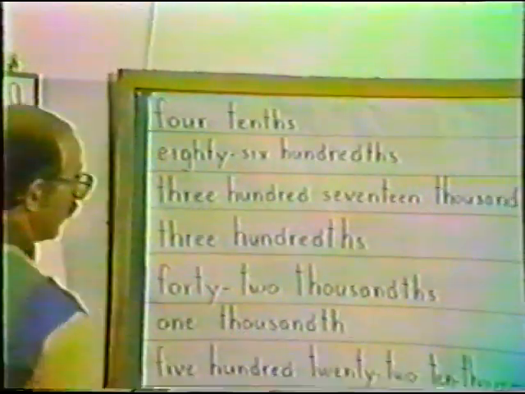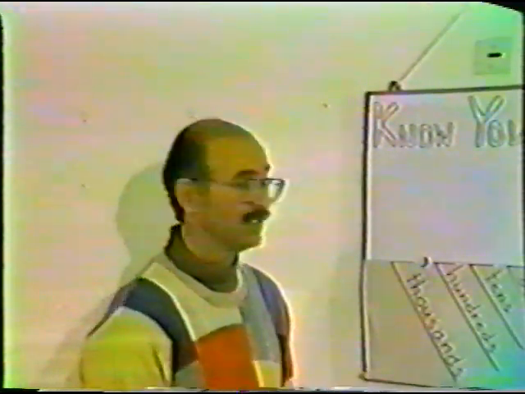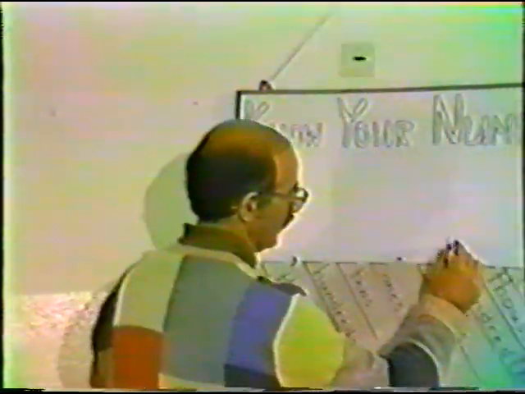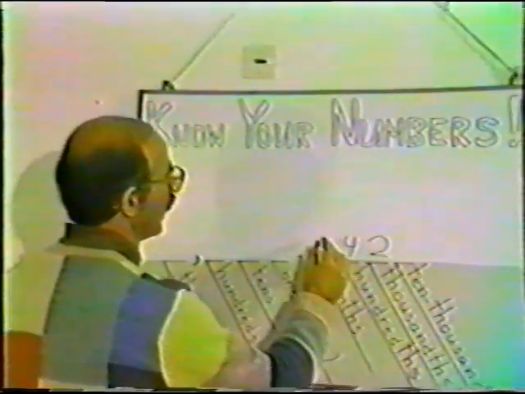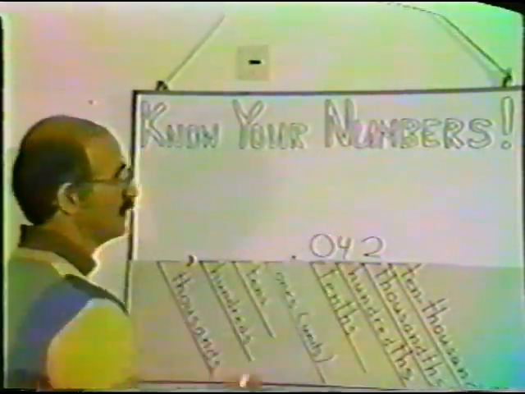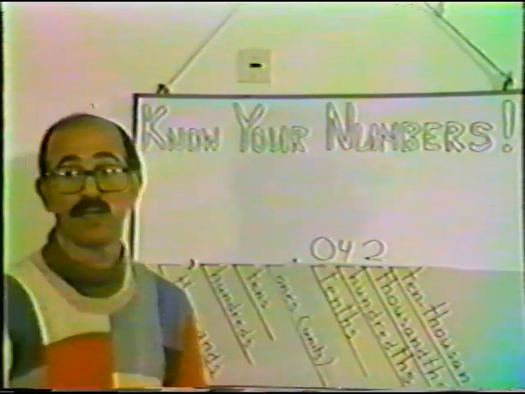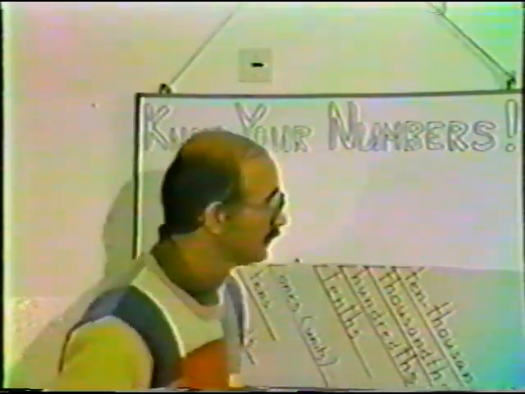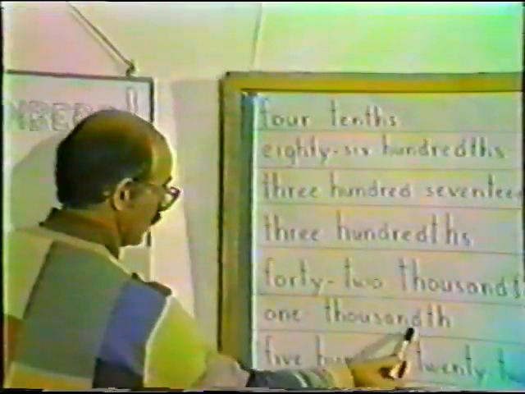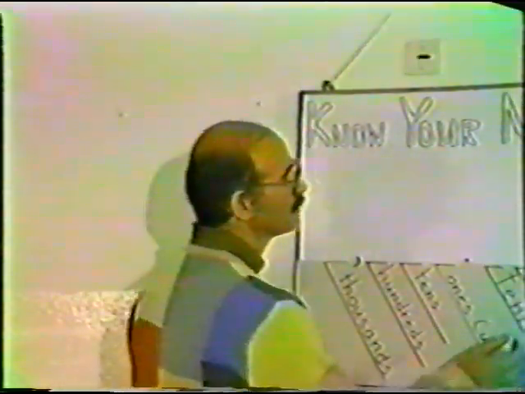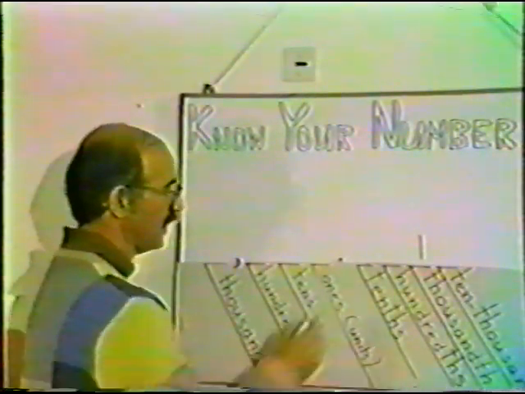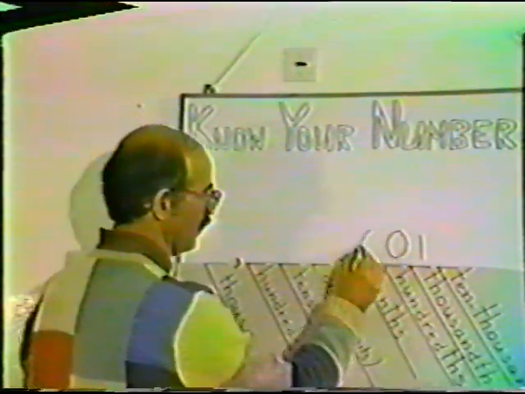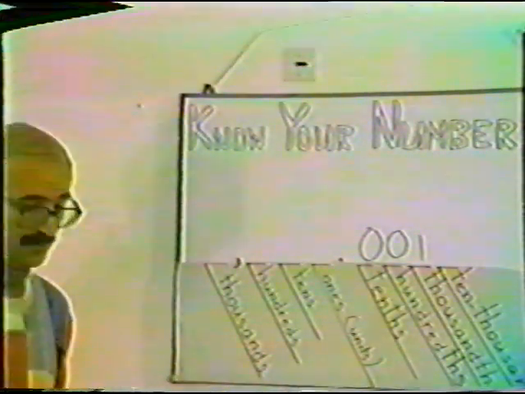Forty-two thousandths. We write the number 42. It ends in the thousandths place, and we fill the empty space with the 0. One thousandth. All we have to do is put the 1 in the thousandths place and fill the other 2 places with 0.